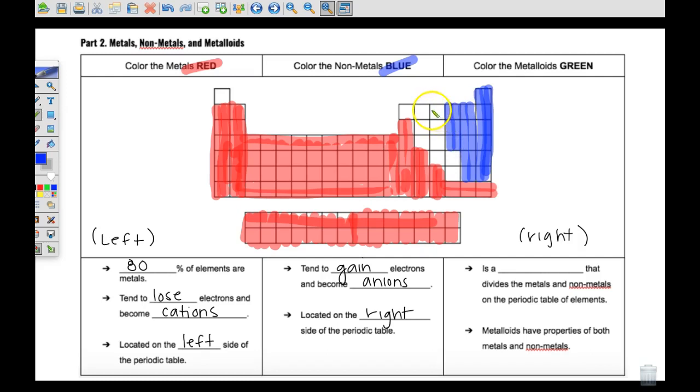In column 15, only the top 2 are nonmetals. And in column 14, only the first one is a nonmetal. While there are no nonmetals in column 13, we have to go over to column 1 because there's one lone nonmetal in the first column.